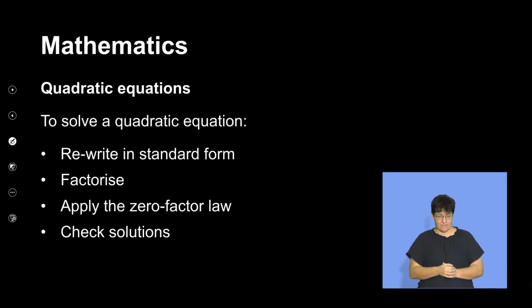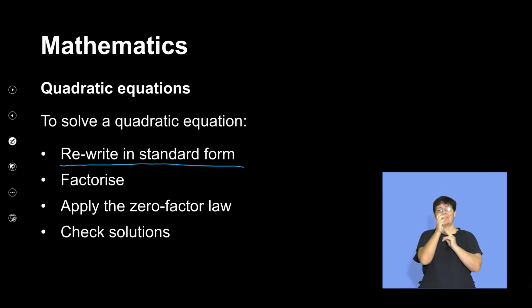Firstly, we have what you call a quadratic equation. To solve that, you always need to make sure that you first rewrite it in standard form. That's your very first go-to place. You do not do anything unless it is in standard form. Number 2, you then factorize. You know the types of factorizing. It's not only about 2 brackets.